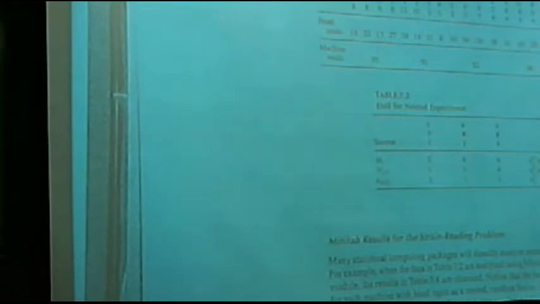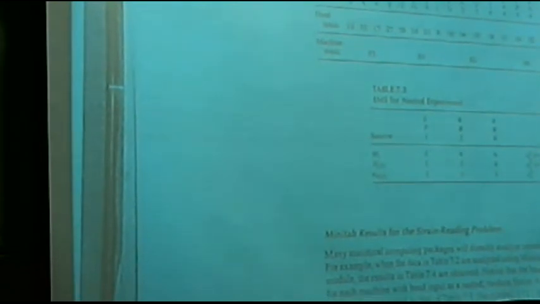Now what I have here in this handout is some examples that I took from other sources. And so if we start on the beginning here, you see first of all a set of data. And it has machine A, B, C, D, E. So apparently there's 5 different machines.